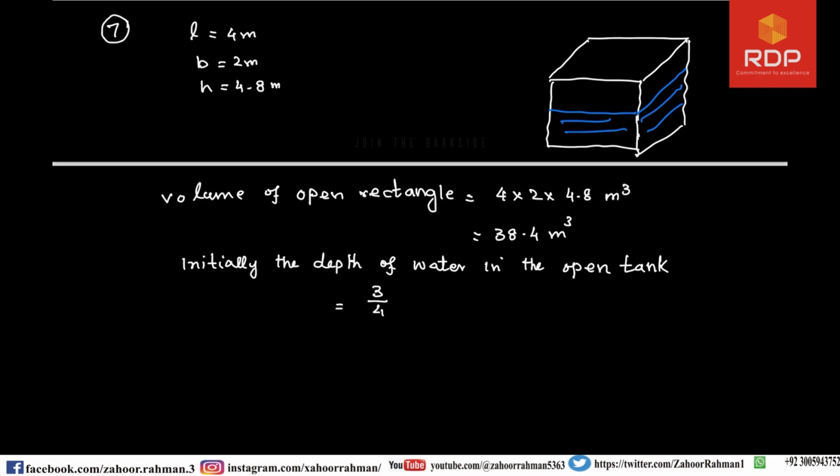So we have to find 3/4 of 38.4 meter cube. From where 38.4 came, we found the volume.